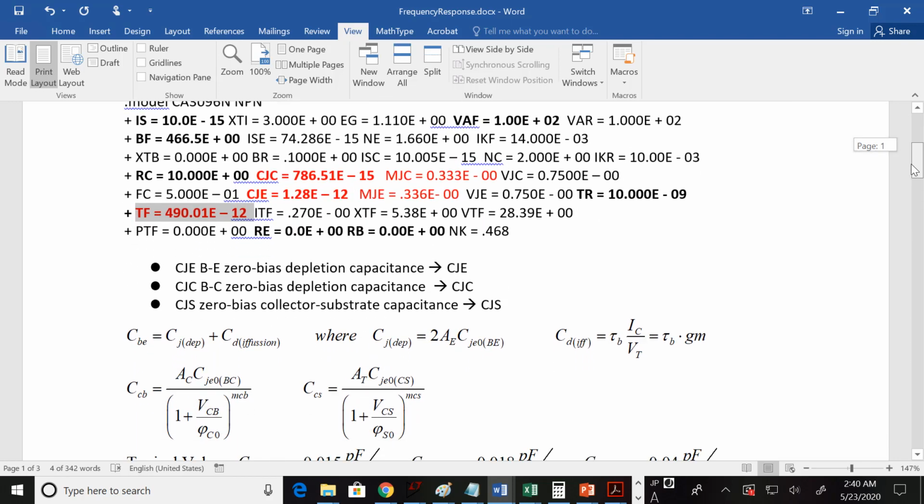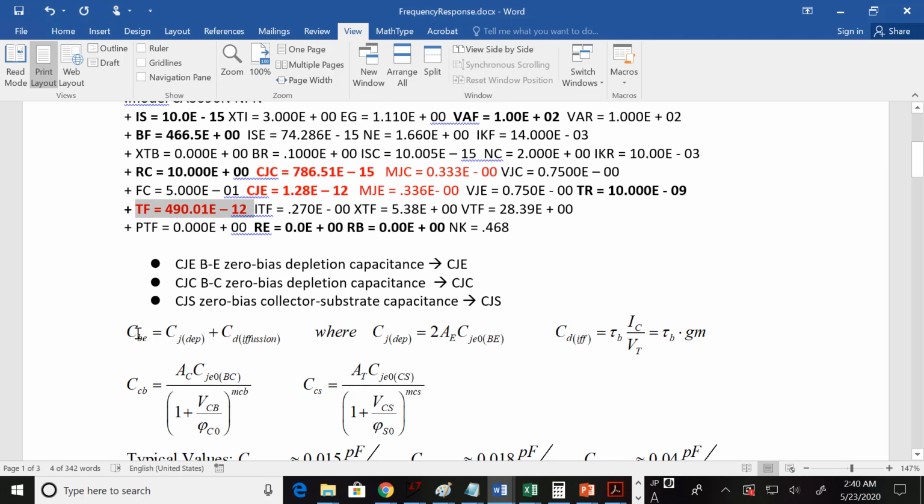So if you needed to find the base emitter capacitance, you do 2 times the area of the emitter, which somebody has to give you, times the zero biased junction capacitance, which is this one, CJE, and then you add it to this transit time, TF, times IC over VT, which is just your GM, and that would give you the capacitance between the base and the emitter.